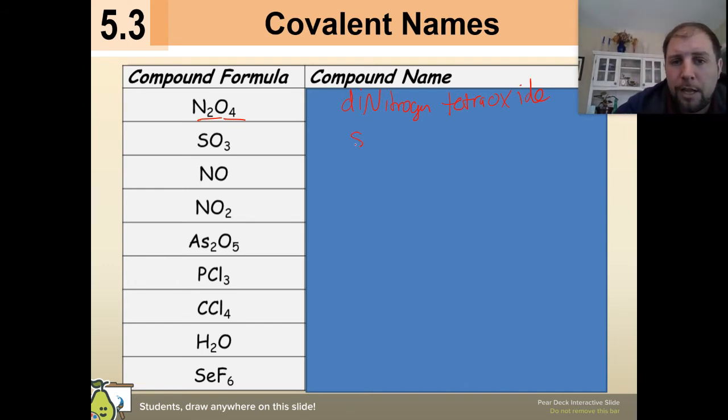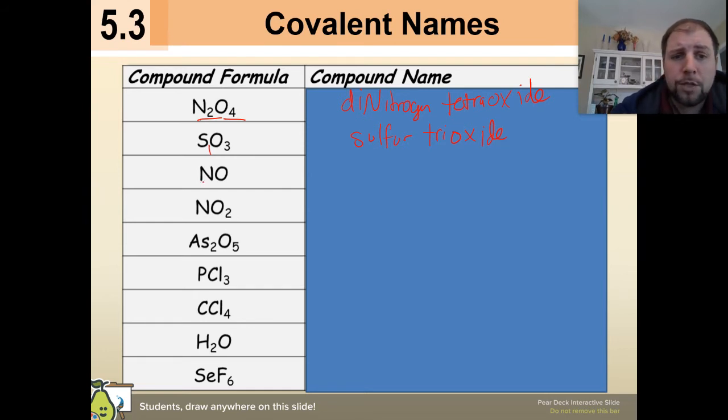All right, the first element is sulfur. Don't know why it does that. Sulfur. The second element is oxygen, so we change that to oxide. And now we just need the prefixes. There's only 1 sulfur, so for the first element, we put nothing. But there's 3 oxygens, so we would put trioxide.